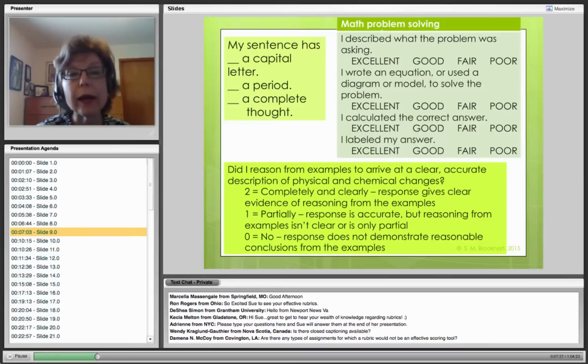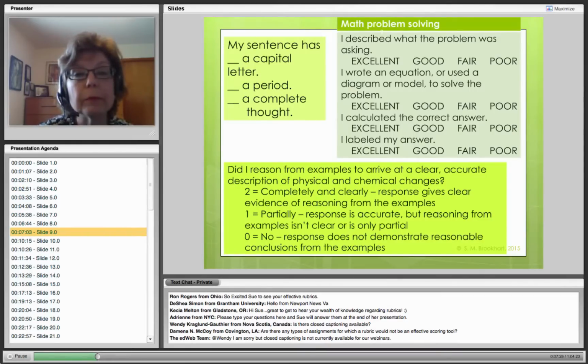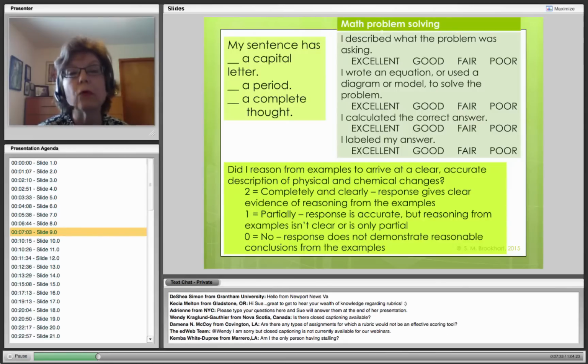It has criteria. In this case, it has 3 of them. But the rating or scoring is a present or absent decision. My sentence has a capital letter or it doesn't. Check for yes, or a Y for yes. The symbol doesn't matter. The idea is that you can just make a present or absent decision.